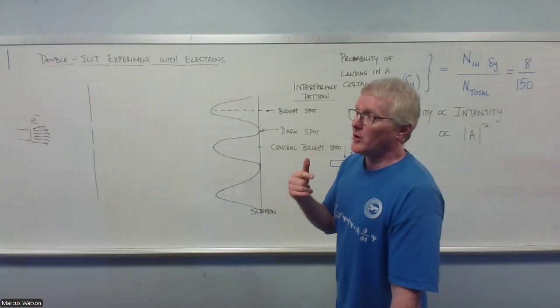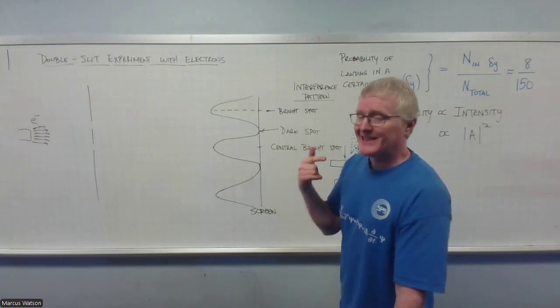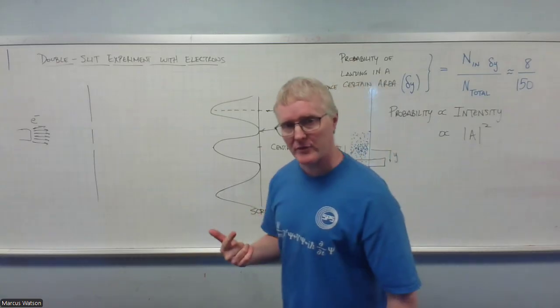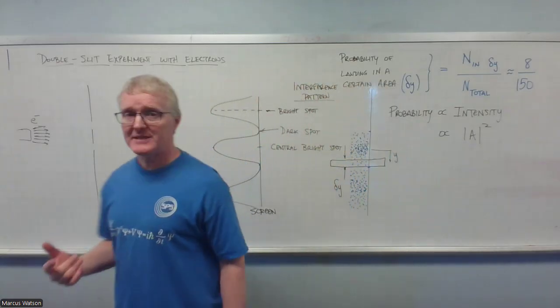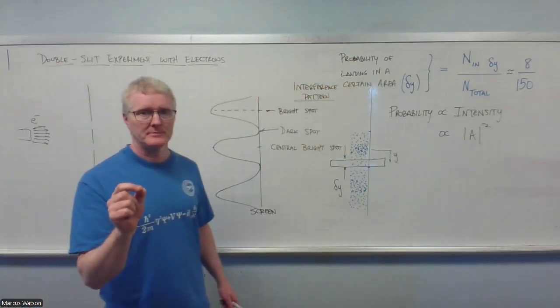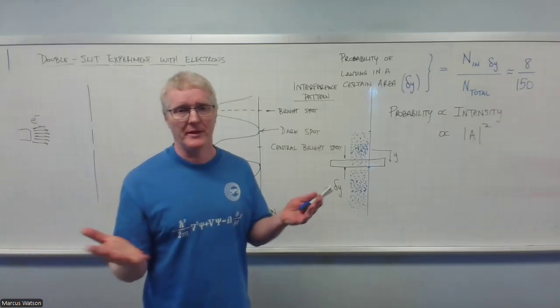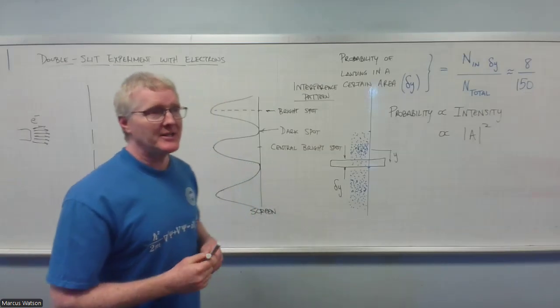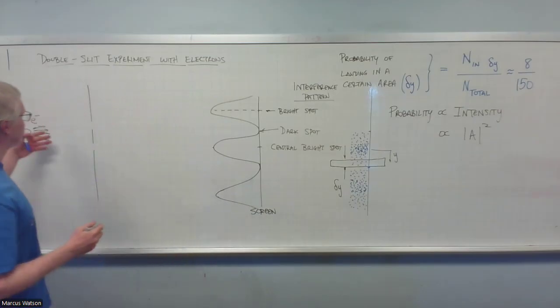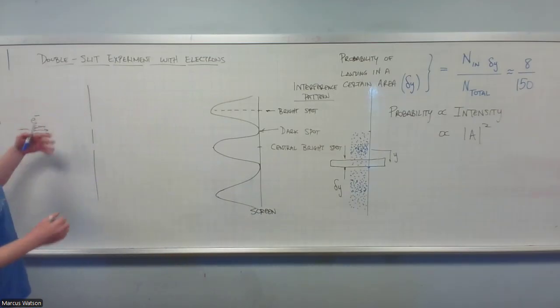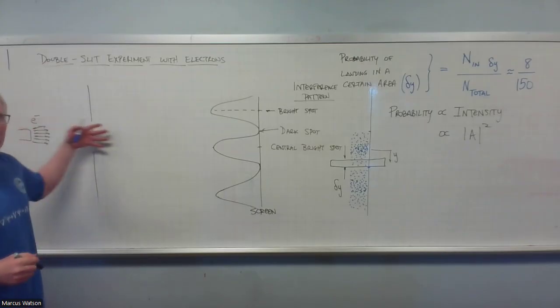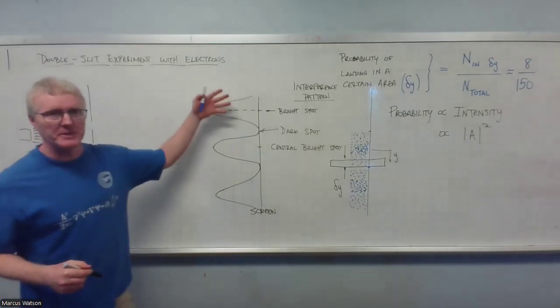Now, our classical thinking viewpoint will be that these electrons are bits of matter, right? This is what we have been taught. Electrons are bits of matter. And therefore, they are going to make a shadow of the double slit on the screen.